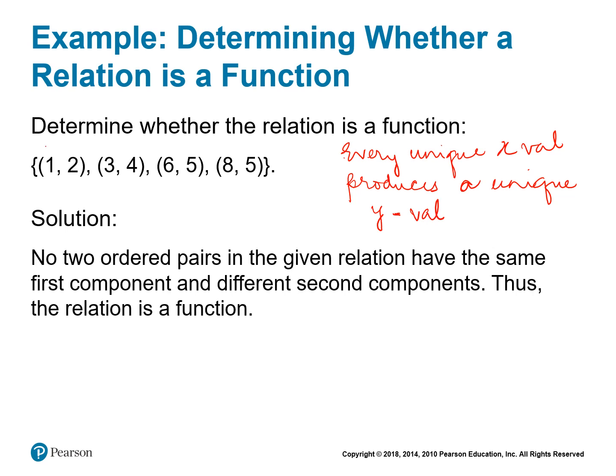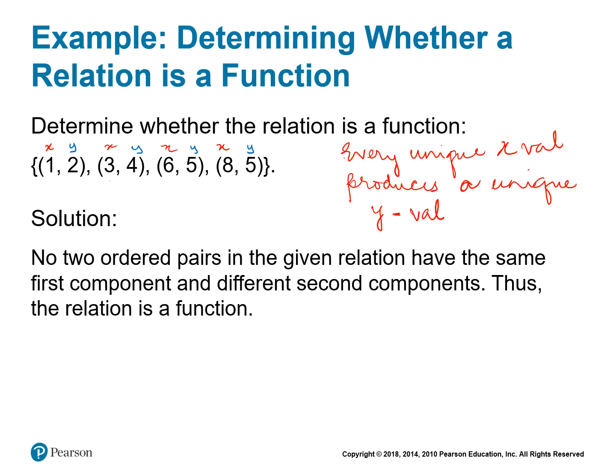Let's look at all the x values. We have 1, 3, 6, 8 for our x values, and 2, 4, 5, and 5 for our y values. So we see 1 maps to 2 here.